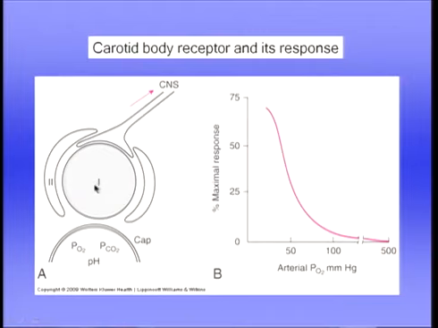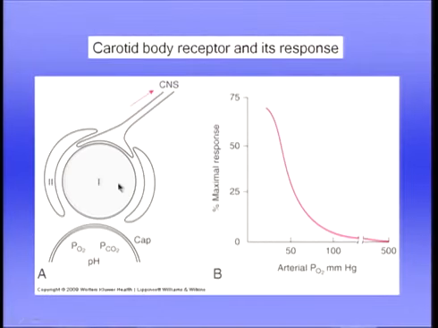That's important in some conditions. For example, in carbon monoxide poisoning, where the blood may have a lot of carbon monoxide on board, the oxygen concentration of the arterial blood is relatively low. Nevertheless, the PO2 of the arterial blood is normal, and therefore the carotid body chemoreceptor is not particularly stimulated because it's looking at the arterial PO2, which is normal, and therefore breathing is typically not increased in carbon monoxide poisoning.